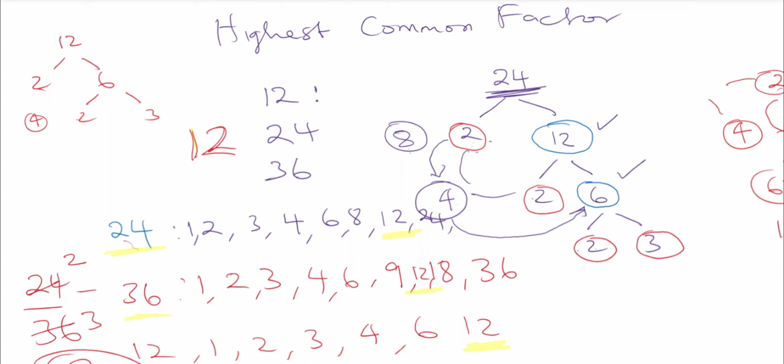Now, if I were sharing a number of items across groups of 24 and 36, then I know that if 12 is a number I should be looking for, I can make sure that 12 will go into 24 and 36. So if I'm seeing ways of sharing things across groups of different numbers, I can be thinking of the highest common factor.